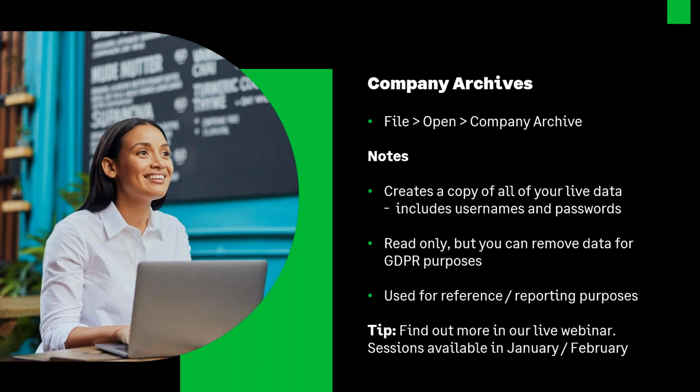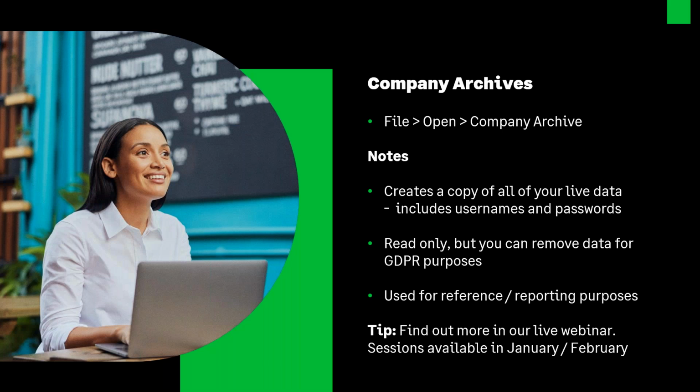It's included in that company archive. It's an exact copy of your data as at that point in time. Now, it copies all of that data. It includes the usernames, your passwords, so do remember those. It's essentially classed as read-only as well. Now, you can remove certain data because of GDPR purposes, but it's used really for reference and reporting purposes.